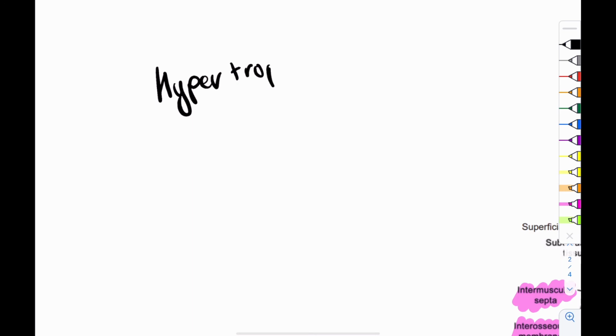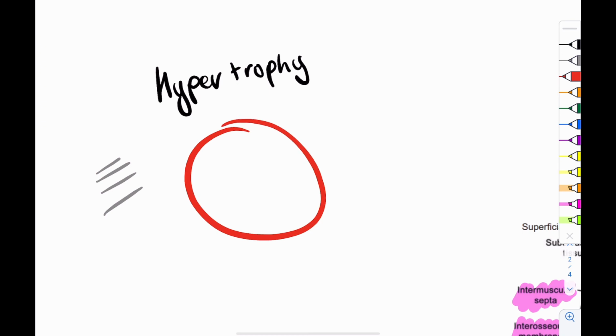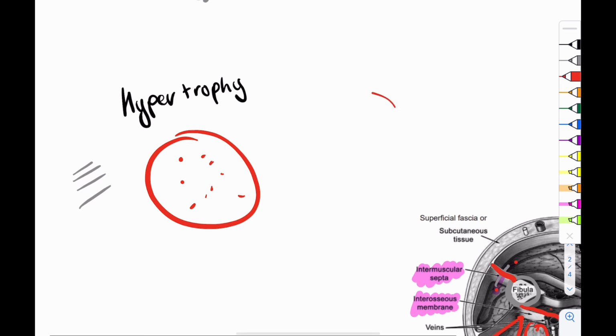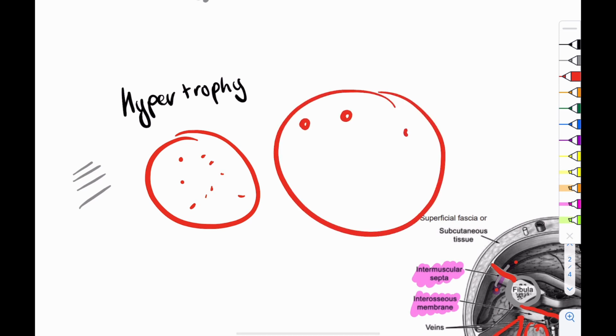And that's when there's an increase in the number of myofibrils. So those myofibrils are those tiny little fibers within a cell. So if this was the outside of a cell and had a certain number of myofibrils, when you undergo hypertrophy, you increase the size by increasing the number of myofibrils in there. So increase number of myofibrils.